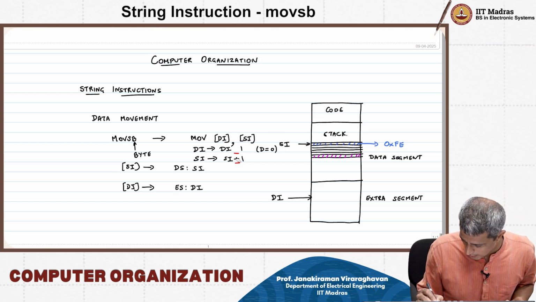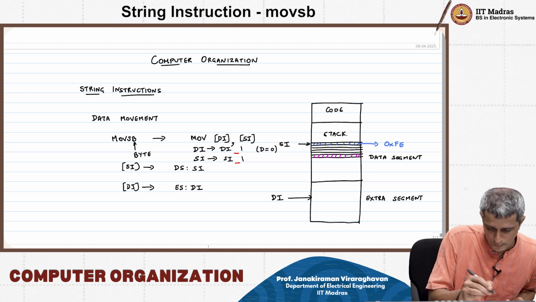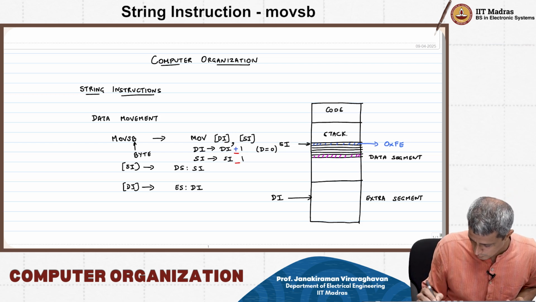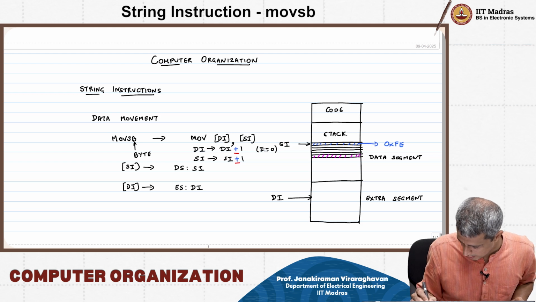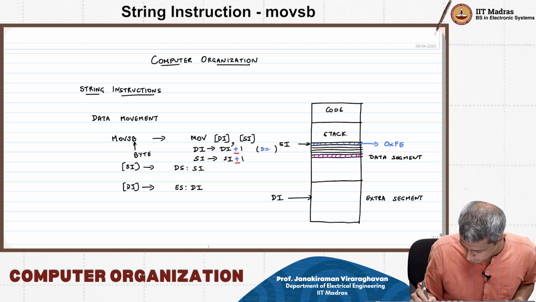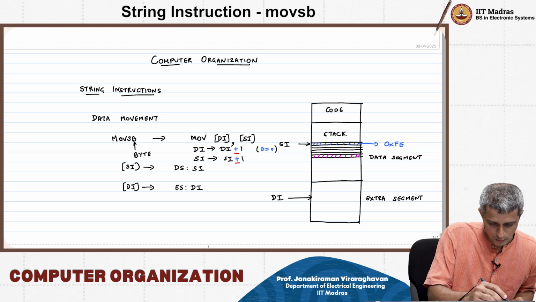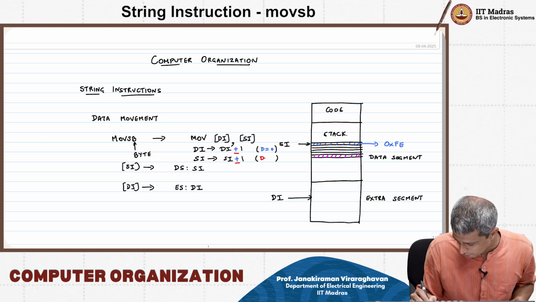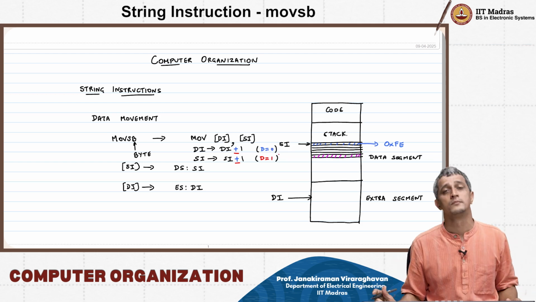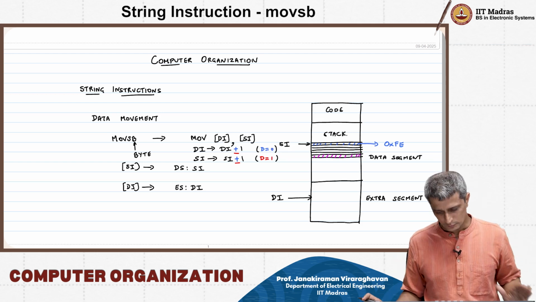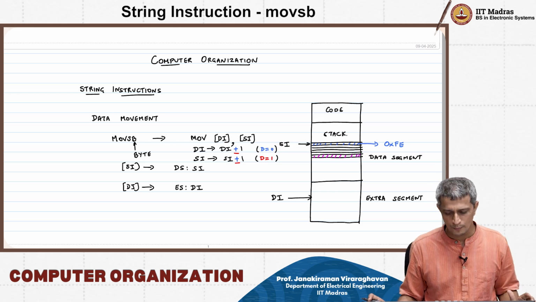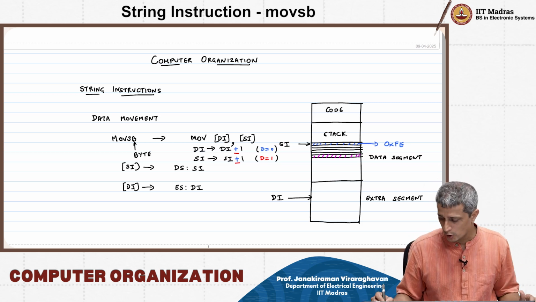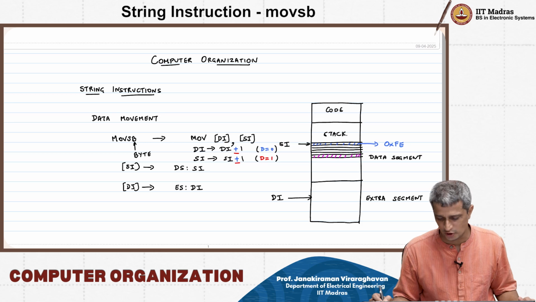Maybe what I'll do is I'll put that in blue, right? This is when D equals 0, or you could have the subtraction when direction flag equals 1.